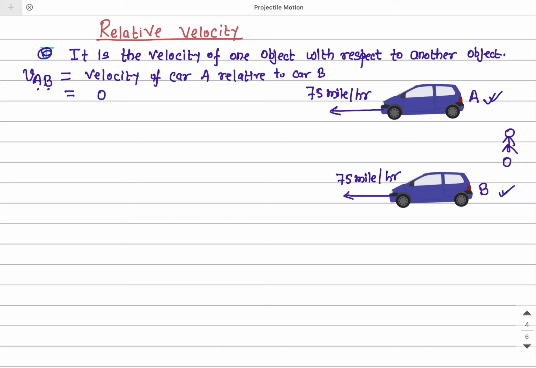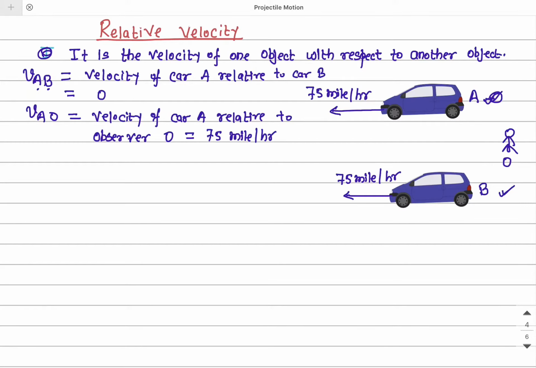And now if I take the velocity of car A with respect to the observer, that means the velocity of this car with respect to this observer, I will just write it down here. This means the velocity of car A relative to observer O. And we know that this is 75 miles per hour.